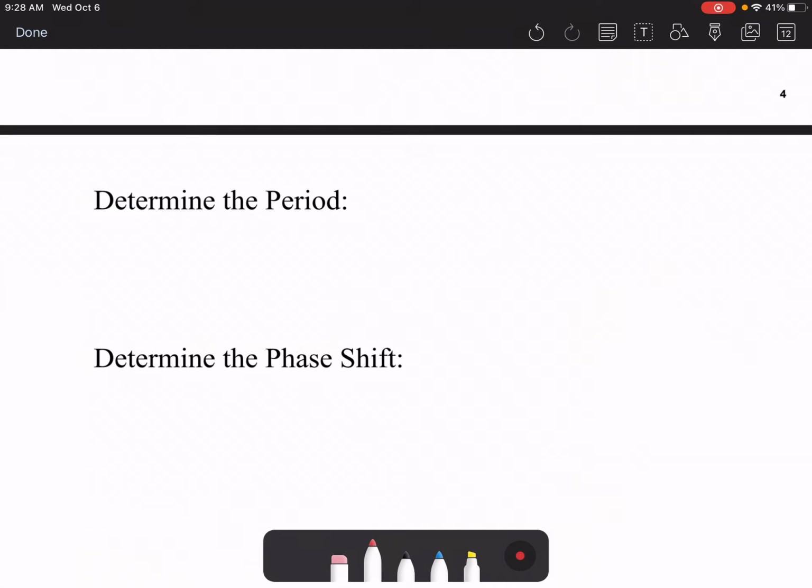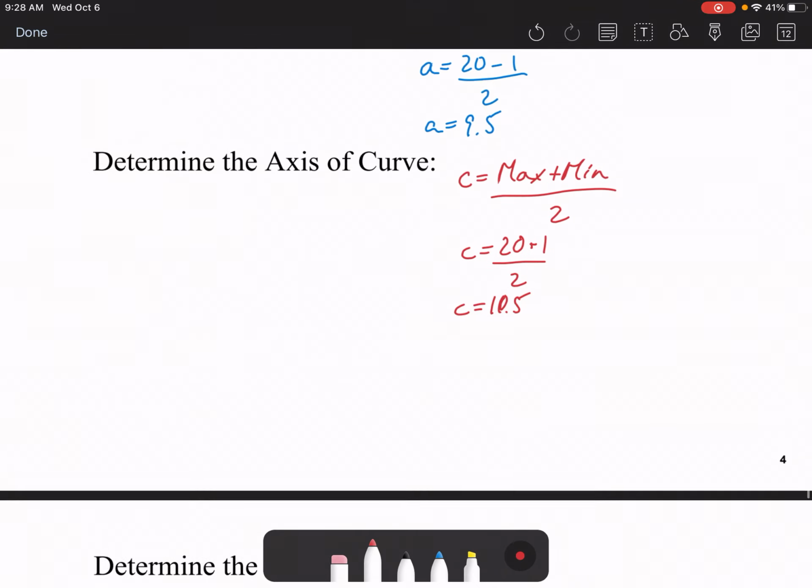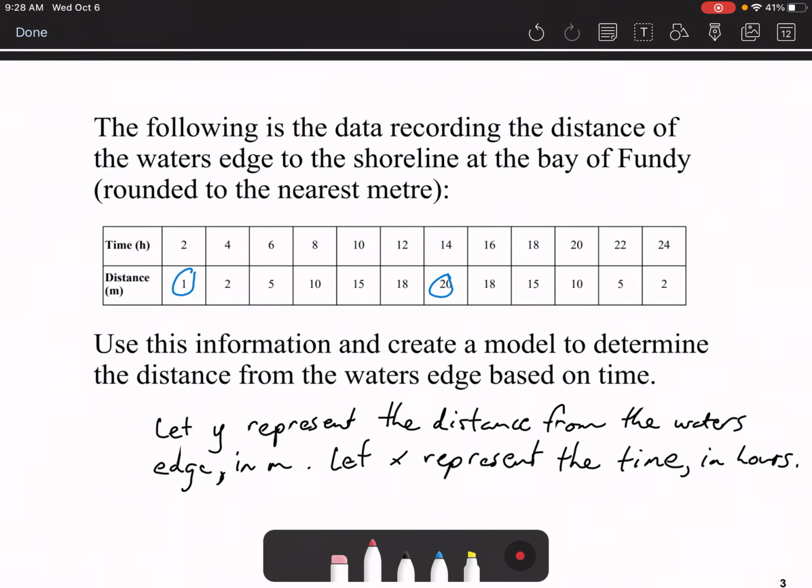Okay. Next we want to use the period to figure out our phase shift. Well, right here, we don't have a minimum, we don't have a maximum. Sorry, we do have a minimum, we do have a maximum, but we don't have two of them. We can see the distance from the minimum to the maximum is 12 hours. You can assume at 26 hours, going back down to 1.